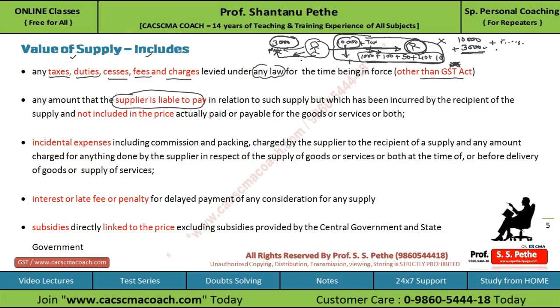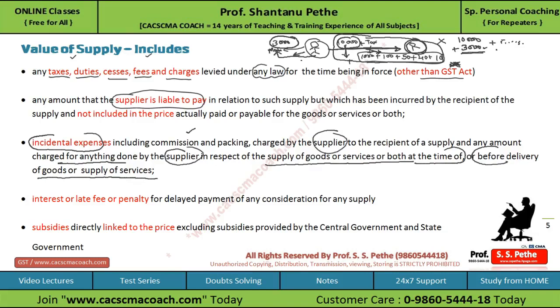Third point, they say that all the incidental expenses including commissions and packing, charged by the supplier to the recipient of supply, and any amount charged for anything done by the supplier in respect of supply of goods or services or both at the time of or before delivery of goods or supply of services. So for example, suppose this supply also requires certain packaging to be done, and the cost of packaging is, let's say, 2,000 rupees.